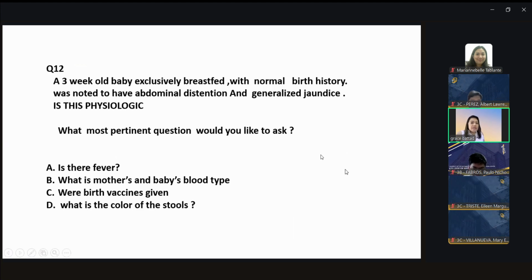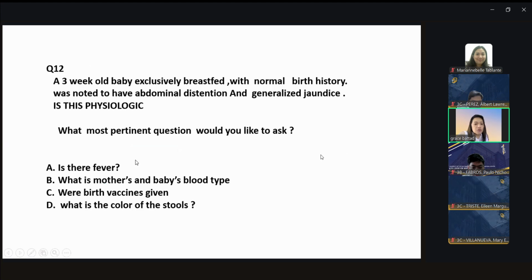Okay, next case is a 3-week-old baby who is exclusively breastfed with normal birth history. The baby was noted to have abdominal distension and generalized jaundice at 3 weeks. Is this pathologic or physiologic? It might be pathologic. You might be thinking it might just be breast milk jaundice, but it might not be a physiologic jaundice anymore.